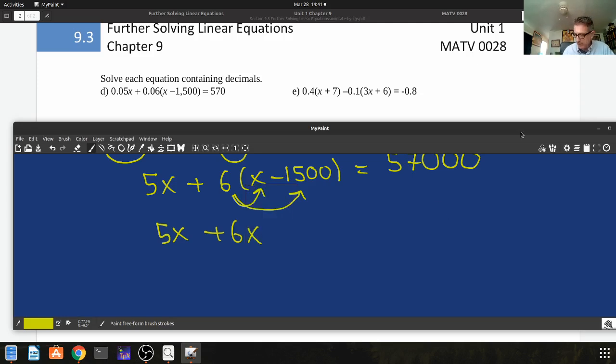Let's do it over here. I have room. Zero, 6 times 5 is 30, 6 times 1 is 6, so 9,000. And since it's minus, minus 9,000.